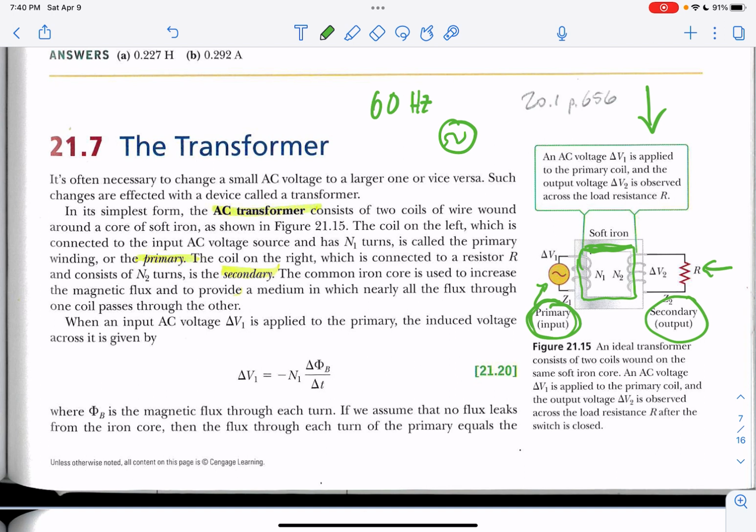Now, as the current is alternating, right here, as it alternates 60 times a second, the electromagnetic field, the magnetic field that surrounds the wire, is going to expand and collapse 60 times a second.